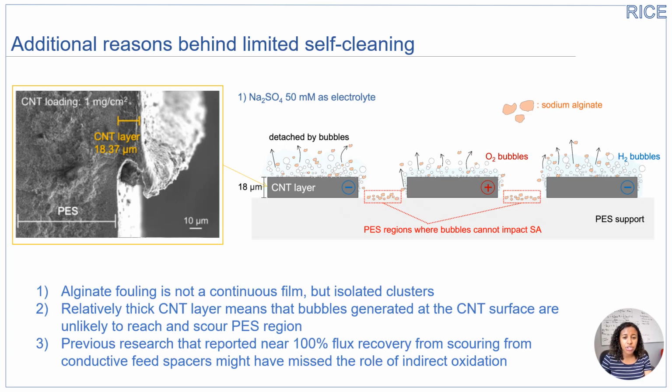There was work in the literature that reported near 100% flux recovery from scouring from conductive feed spacers, which had led us to believe that the bubbles from the conductive regions could effectively clean the non-conductive area. However, after our results, we went back to that paper and noticed that they used sodium chloride as the electrolyte, which means that there might have been a significant level of indirect oxidation that contributed to that level of self-cleaning.